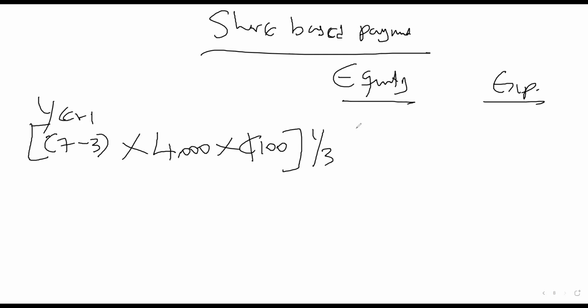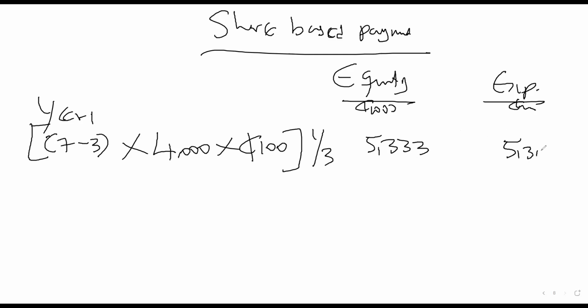So I'm getting 1.6 million. Divided by 3, I get 533 and plenty 3s.